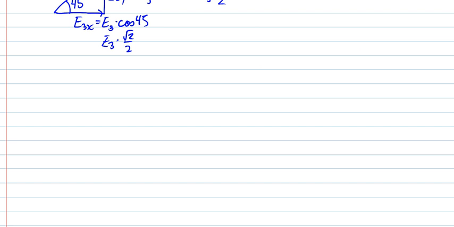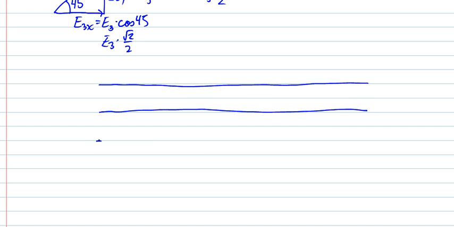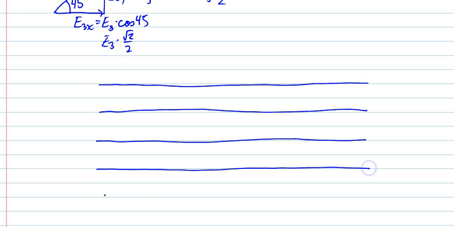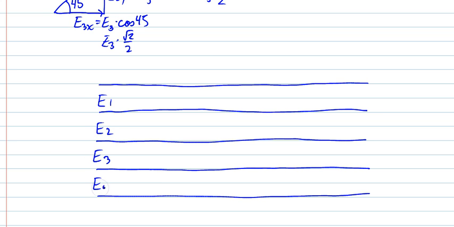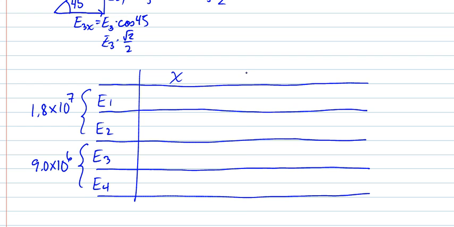So I'm going to make a table, and in this table I'm going to try to put all 4 of the fields. Okay, so we're going to have E1, E2, E3, and E4. And we know that these two are 1.8 times 10 to the 7th, and that these two are 9 times 10 to the 6th, and now we can just split them up into x and y components.